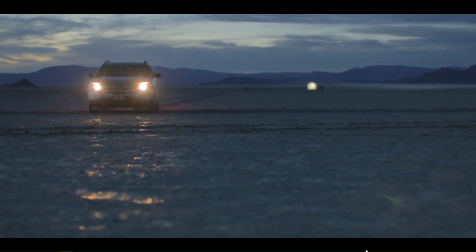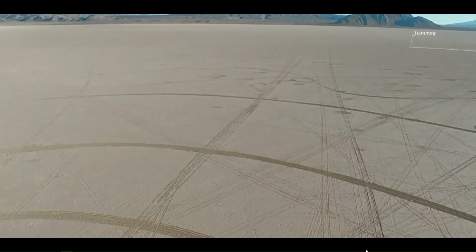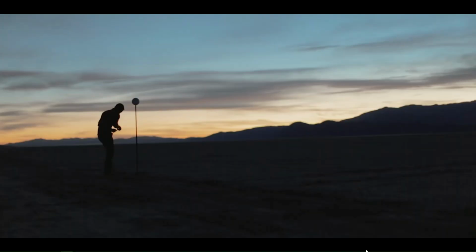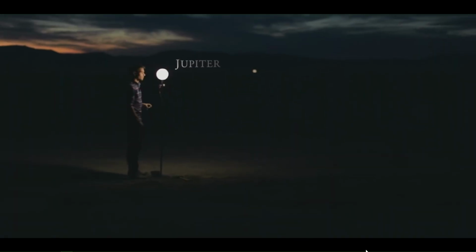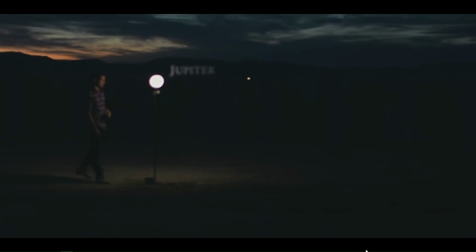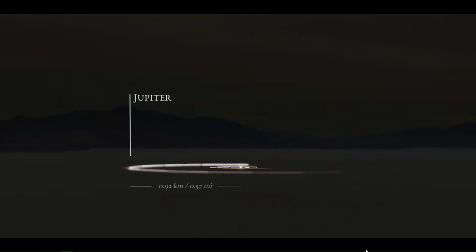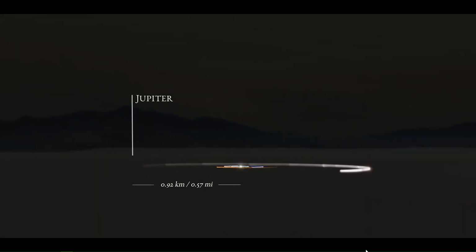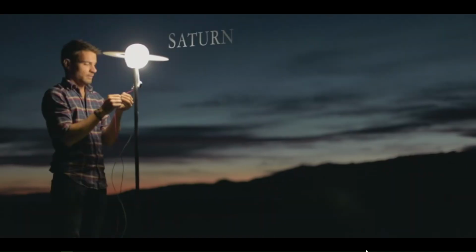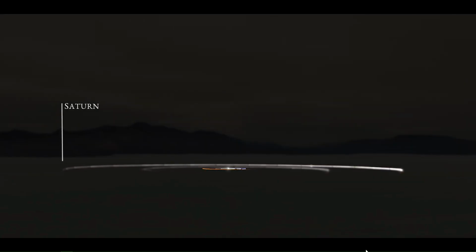Onward to the outer planets. Jupiter. Saturn. That tiny light out there is our sun, just over a mile away.